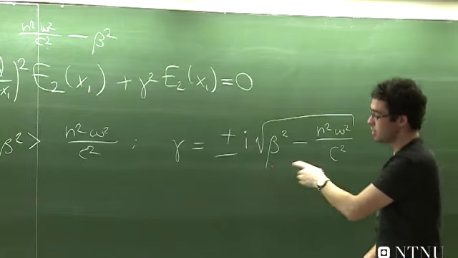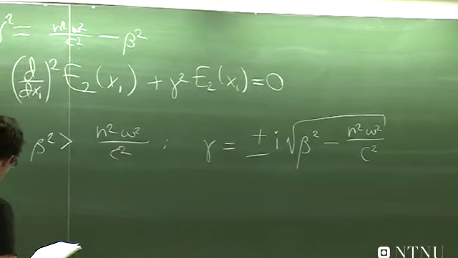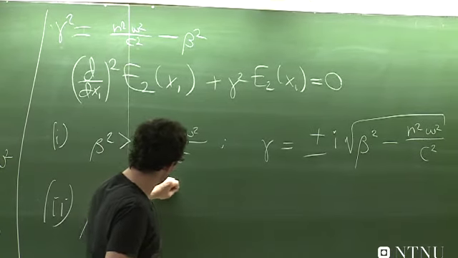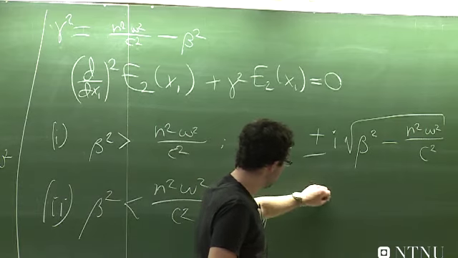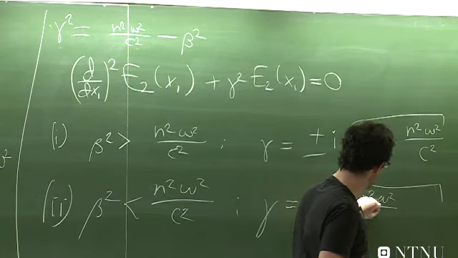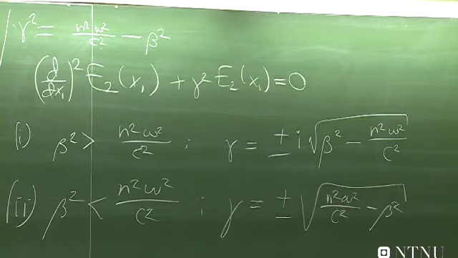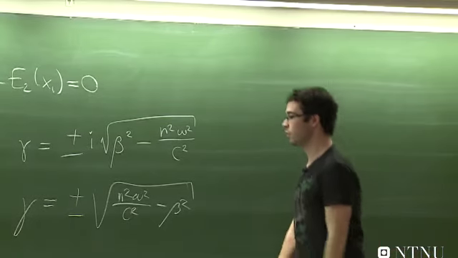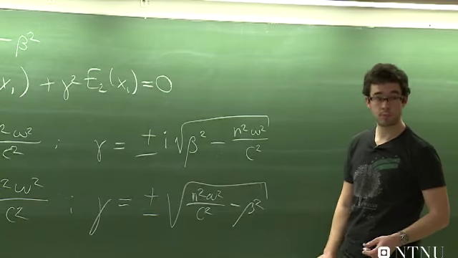I simply flip the signs inside and take out the I explicitly to prove the point. While in the other case, then gamma is simply plus minus the square root of n square omega square over c square minus beta square. And if you recall our discussion of plane waves incident on an interface, these are the so-called evanescent modes, and these are the so-called propagating modes.